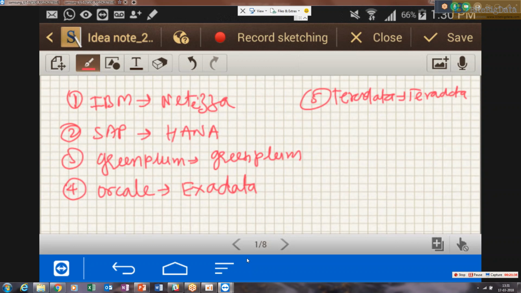You fire a query, and it will take a large amount of time, but it will definitely come up with a very good overview of how you took your business decisions and how they affected your overall business growth.